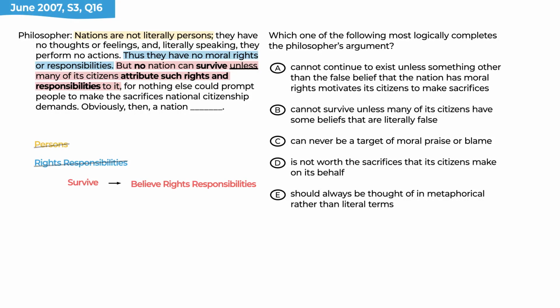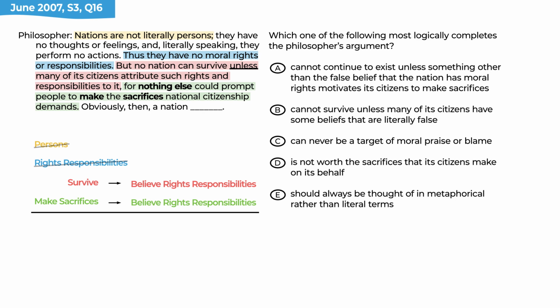So you take what comes after unless, which is attributing such rights and responsibilities to the nation. That becomes the necessary condition. And then you negate the sufficient condition, and then we put survival on the left. So if a nation is going to survive, then it must be the case that people believe that it has rights and responsibilities.